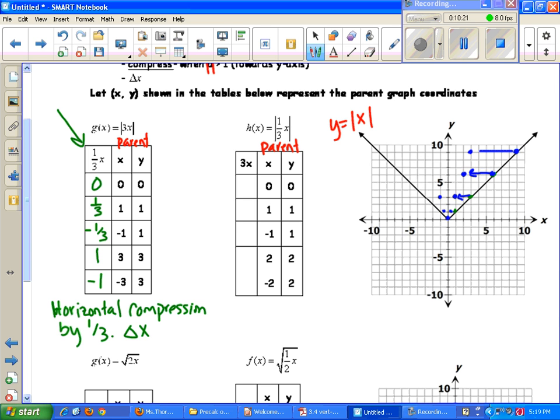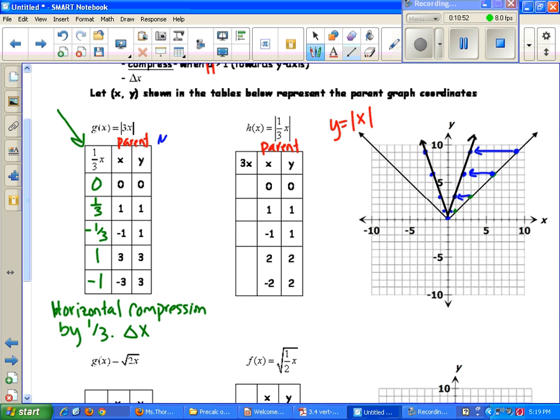So this is going to move into 3. And if I do the other side, notice that now I get my graph. And for my graph, notice that it's a horizontal compression by 1/3 because we're compressing our graph towards the y-axis.